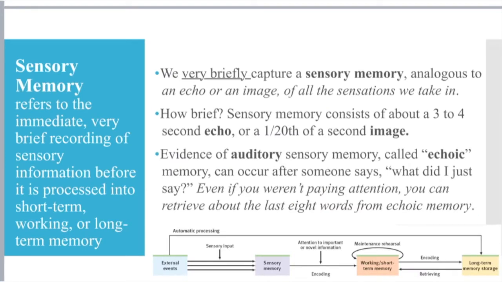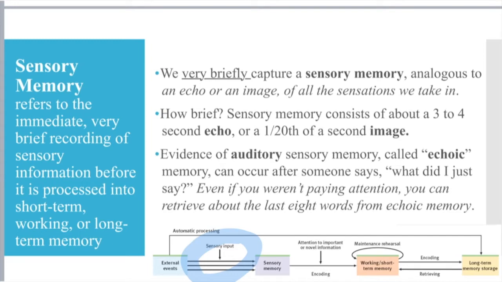When we're talking about what exactly a sensory memory is, it basically refers to the immediate, very brief recording of sensory information before it is processed into short-term, working, or long-term memory. Looking again at the bottom, we get this sensory input, and that goes directly into our sensory memory.